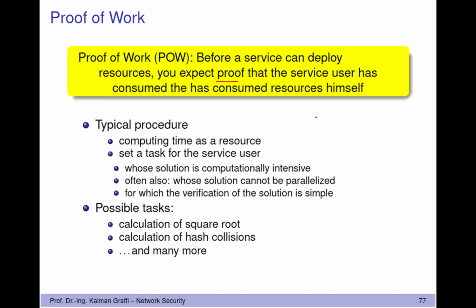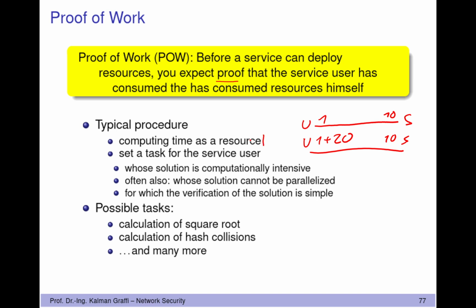So if you have this imbalance, let's say the user requires one resource and it generates 10 for you, then you increase some artificial costs. You give it some additional costs so that for the user it's more expensive. So it's not so easy for them to ask you for the service. That's okay for every regular user, but makes it difficult for attackers.